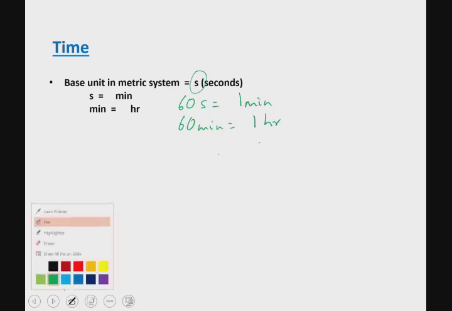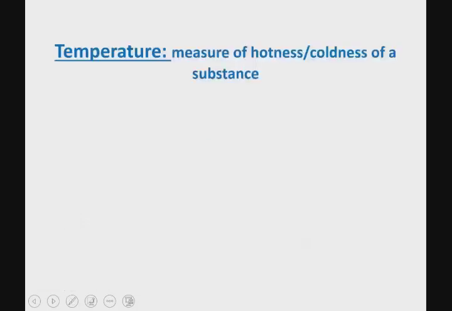We also measure temperature. Temperature is the measure of hotness or coldness of an object. Temperature is not the energy contained in an object, although the two are related to each other. Temperature just simply tells us how hot or cold a certain object is.